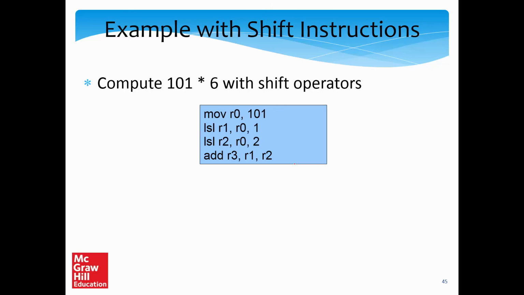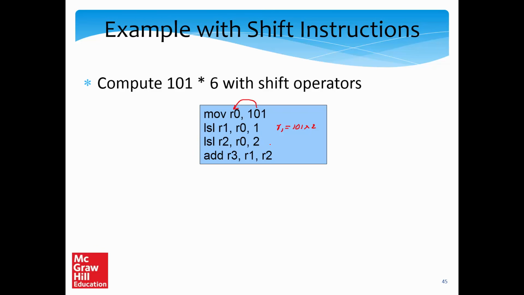So let's give some neat examples with shift based instructions. Let's assume we want to compute 101 multiplied with 6 with just shift based operators. So the first task is register assignment. So we move 101 to register R0. So we shift R0 by one position, which is essentially R1 is equal to 101 multiplied with 2, because we are shifting it by one position.